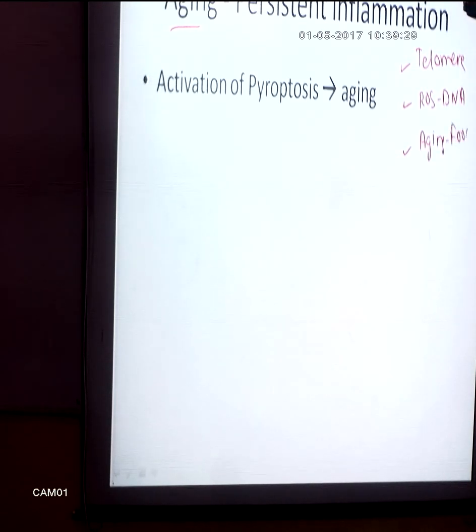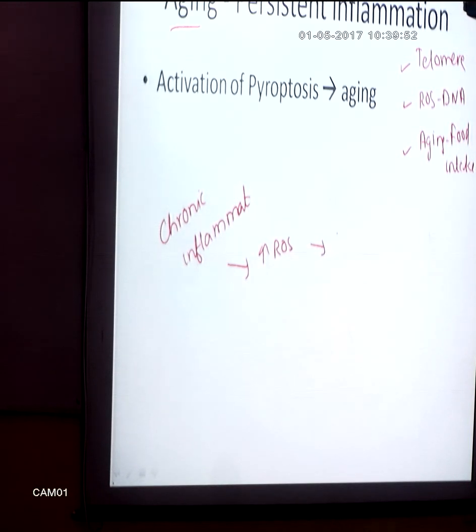These are all old theories. What they now propose is that chronic inflammation leads to aging. That's understood. Whenever there's a chronic inflammation, there's going to be an increase in reactive oxygen species, so there's going to be aging.